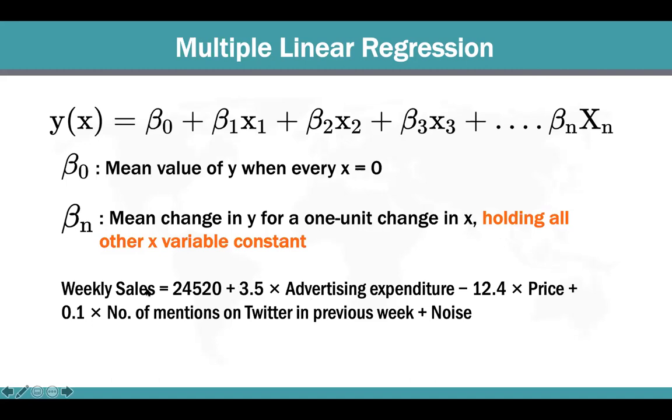This equation I captured is from the book. It's about weekly sales related to advertising expenditure, the price, and the mentions on Twitter in previous weeks. So it shows how those variables may have a relationship with weekly sales.